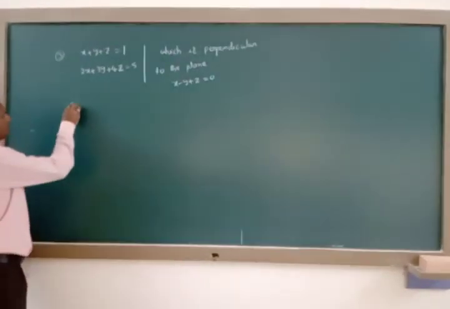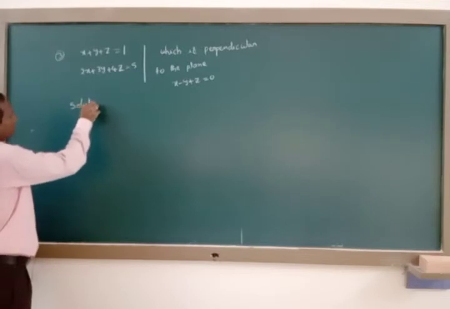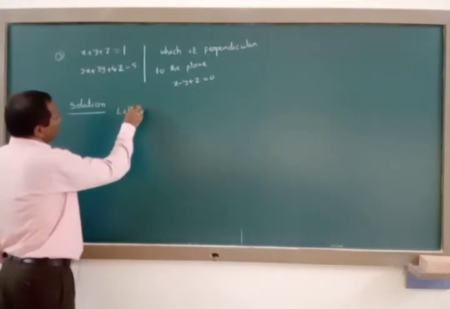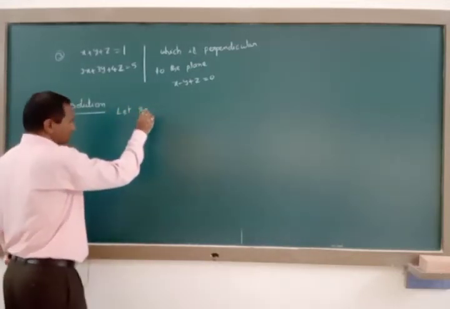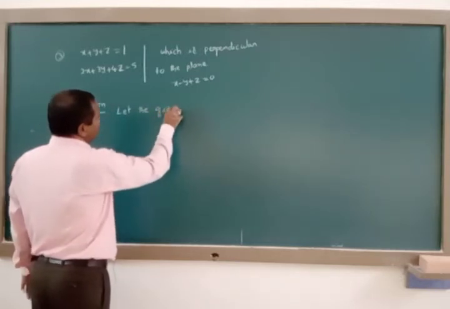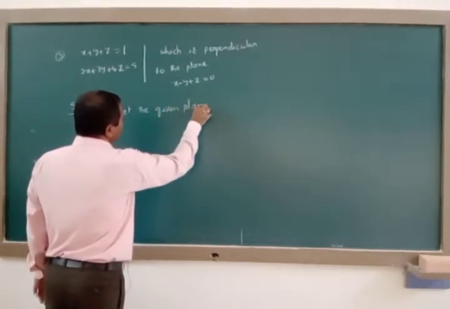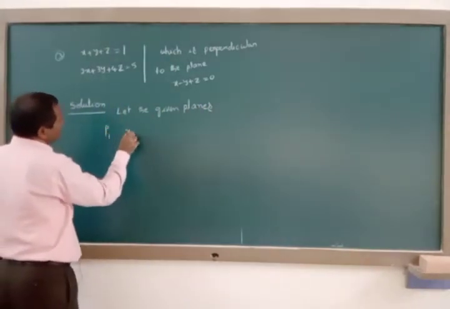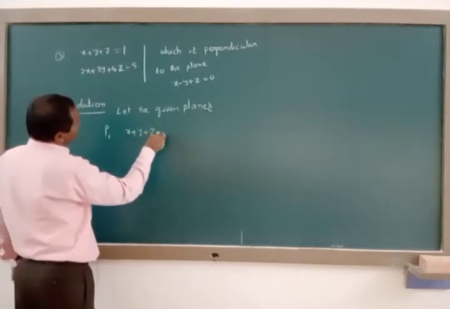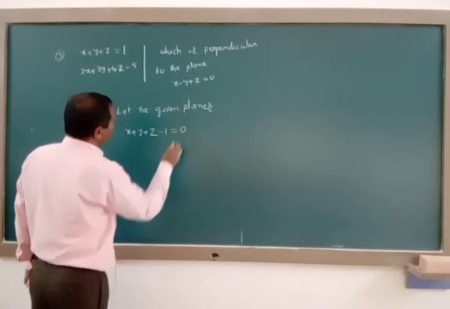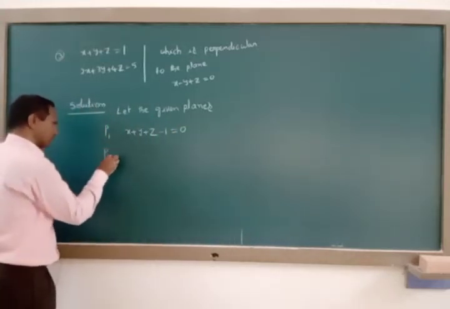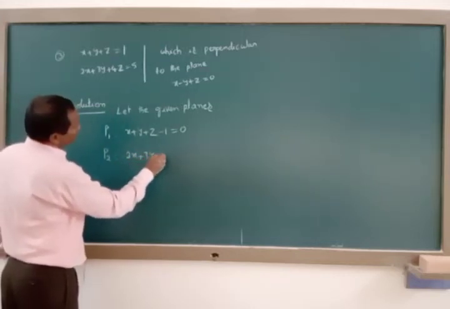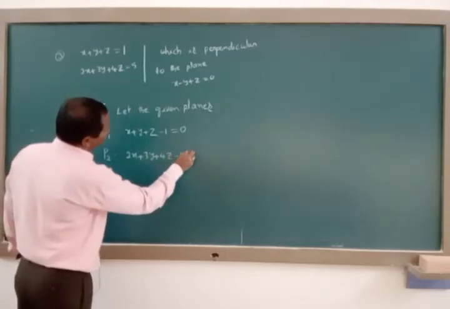The solution for this question is: let the given planes be P1, the first plane, x plus y plus z minus 1 is equal to 0, and P2, the second plane, 2x plus 3y plus 4z minus 5 is equal to 0.